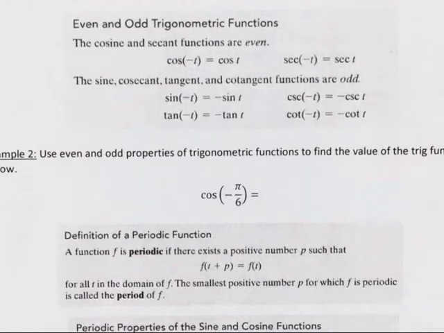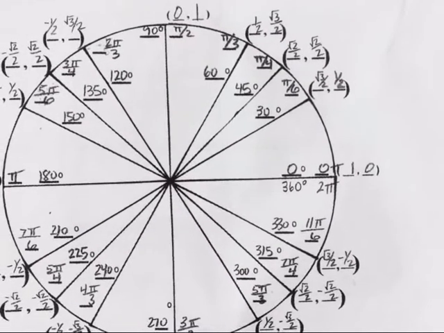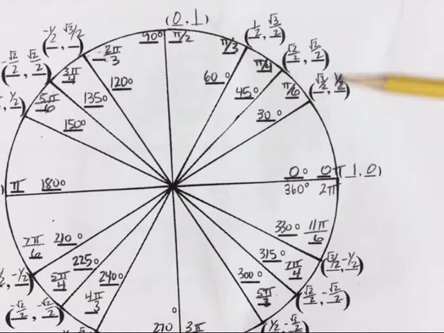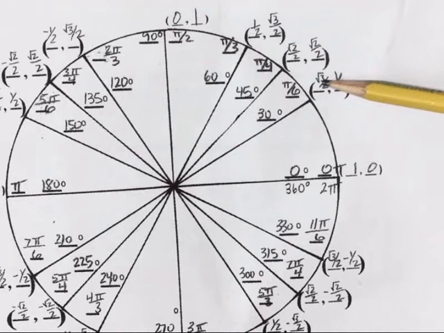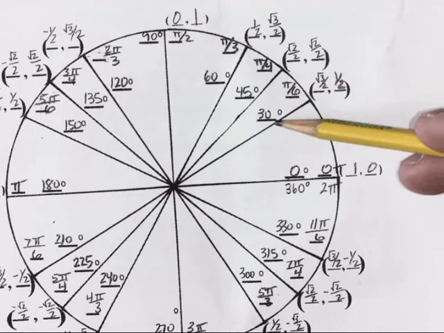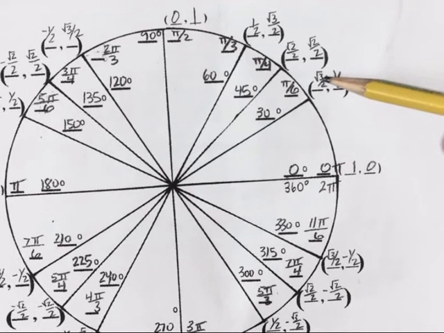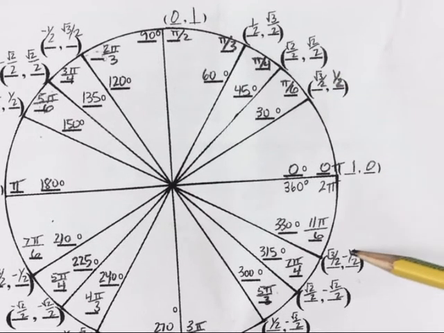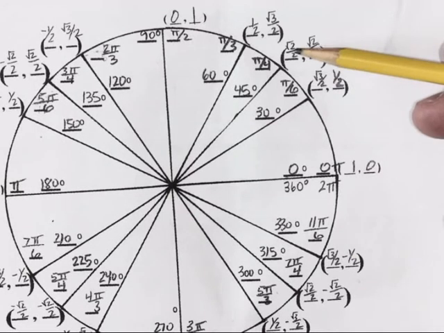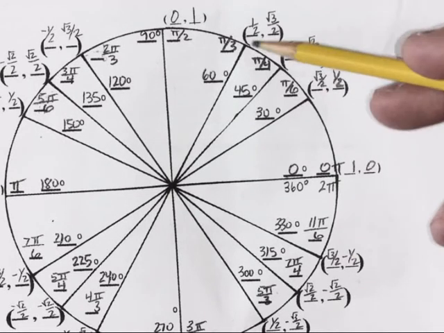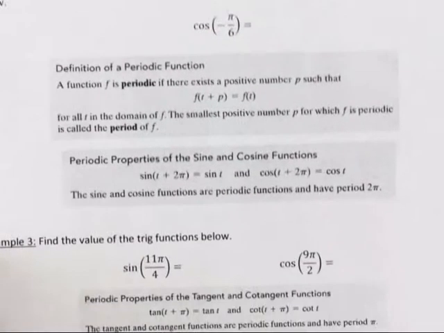Let's take a look at the unit circle here. I know that the cosine of positive 30 is root 3 over 2. Well, the cosine of negative 30 is still positive root 3 over 2. We can see that that continues to happen as I move through the unit circle, and so we call that an even function.